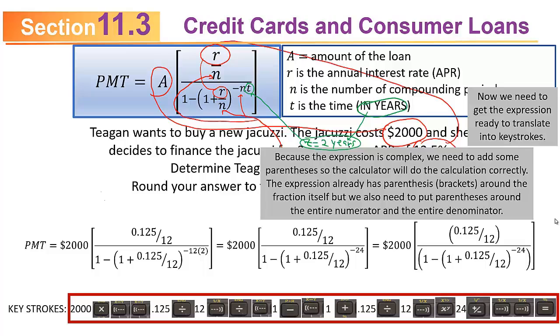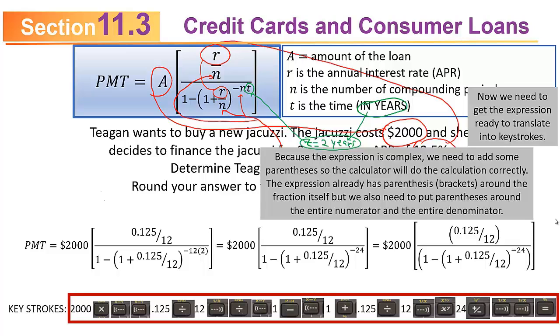Then you type in 0.125 divided by 12. Then you close the top parenthesis after the 12. Then you go to the division symbol, that horizontal bar that divides the big numerator over the big denominator.